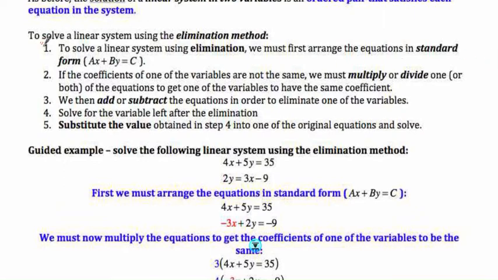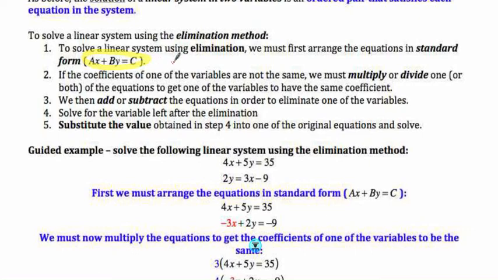Detailed here are the steps for solving linear systems using elimination. The first step is to rearrange into what you may recall is the standard form of a linear equation. The standard form involves rearranging the equations so that we have the x's and then the y's, and then the constants on the right hand side.